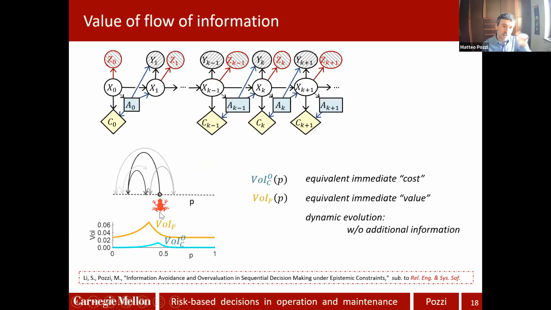Now you can think that, jumping around, this frog is accumulating the optimistic value of current information, and when done, it obtains the value of flow of information. So intuitively, even if the details are not maybe completely intuitive, at least to me, it turns out that you can express the benefit of installing a monitoring system as a combination of the value of getting any single observation at any time.